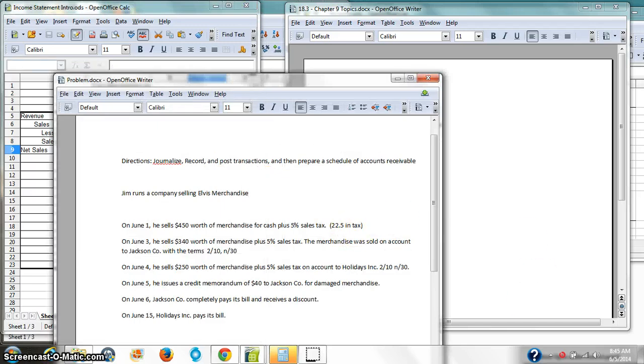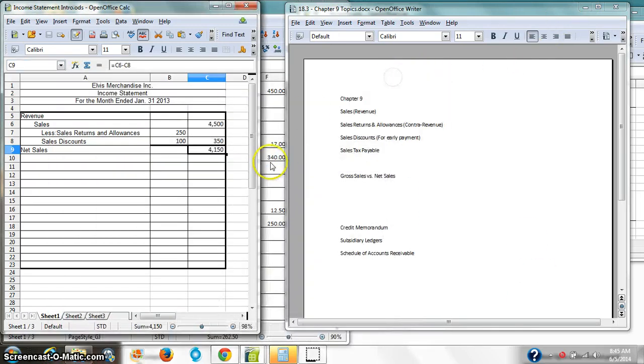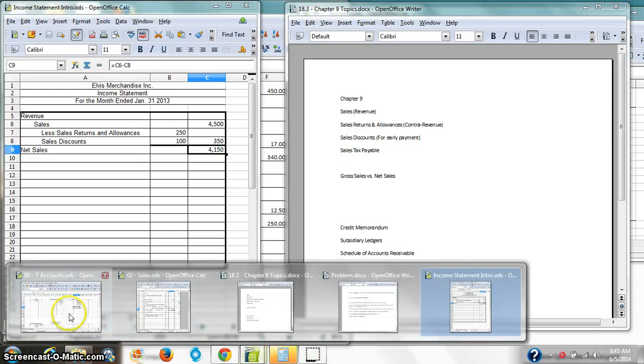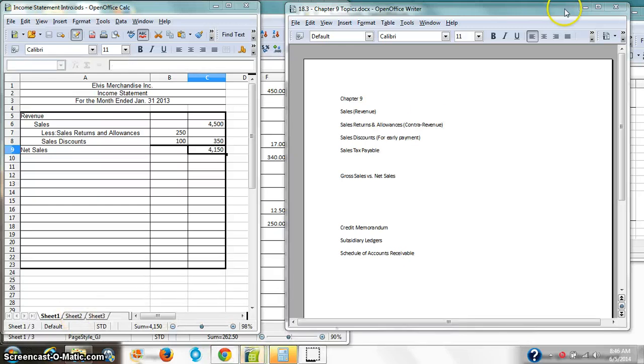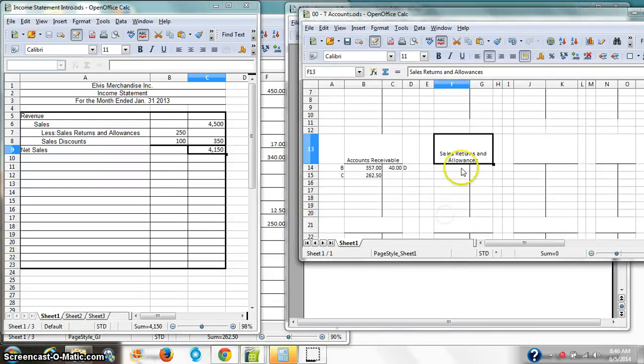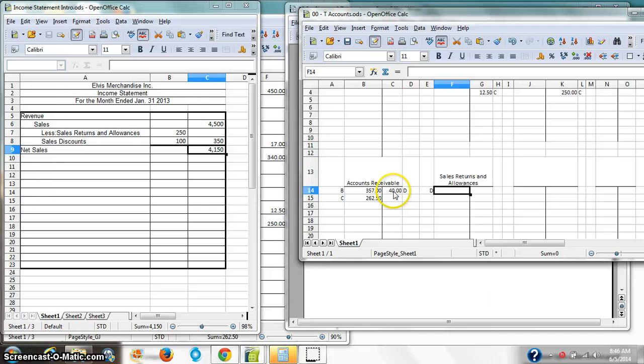That's how that works. So go back to my T accounts real quick here. I've got sales, returns, and allowances. I've credited accounts receivable. That's what the credit memorandum means.